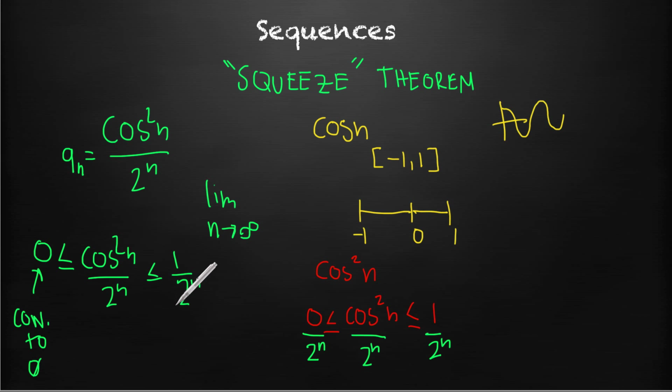And 2 to the infinity is infinity, so 1 over infinity is just going to converge to 0. And so if the left function converges to 0 and the right function converges to 0, then the function that is sandwiched between them will, by default, converge to 0. And that is the idea of the squeeze theorem.